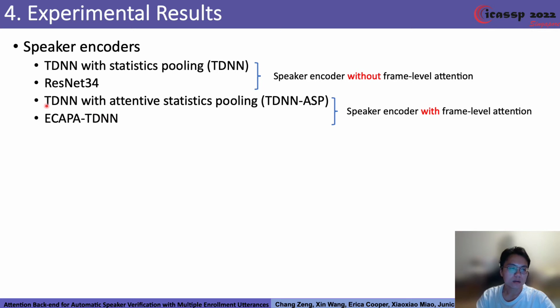The first is the time delay neural network with attentive statistical pooling. The next is the ECAPA-TDNN. We use these speaker encoders to show that the attention mechanism used in our attention backend is different from the frame level attention in the speaker encoder.